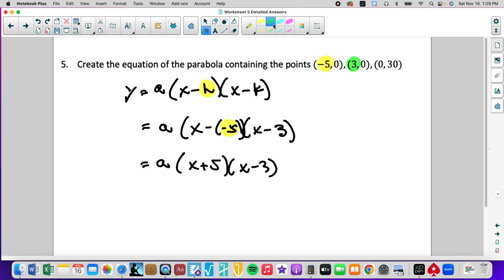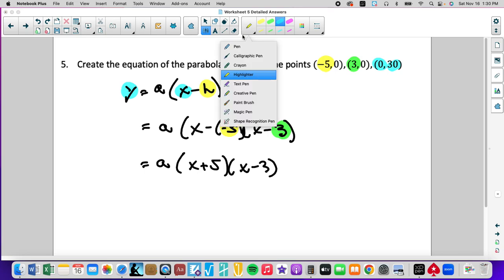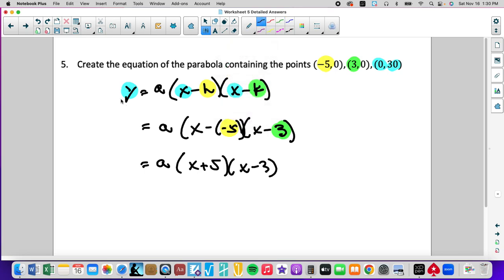This goes in for this. And then we're going to take these two pieces and plug them in for the x and y. So my y is 30. My x's are zeros. So let's put zeros in for my x's.